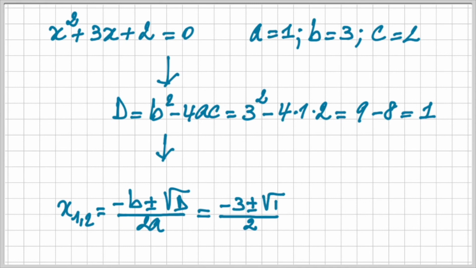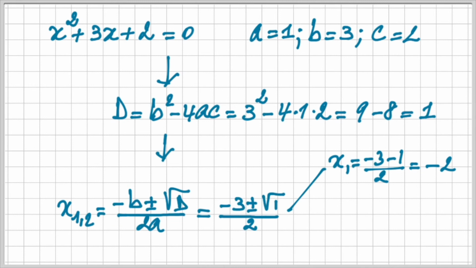In our case, the discriminant is 1, so we can rewrite the formula very quickly as minus 3 plus minus square root of 1 divided by 2, and we know that the square root of 1 is equal to 1. I typically select x1 as being the smallest root. It doesn't have to be, but it's easy.